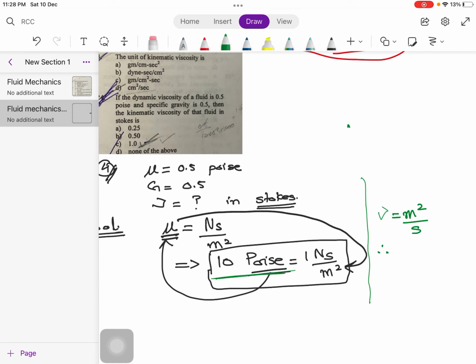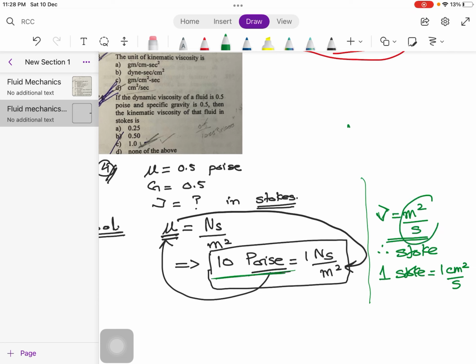Therefore, we need to remember that another unit of kinematic viscosity is a stoke, and 1 stoke equals 1 centimeter square per second.